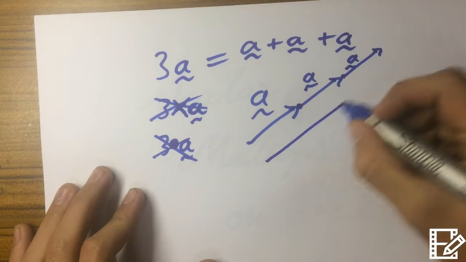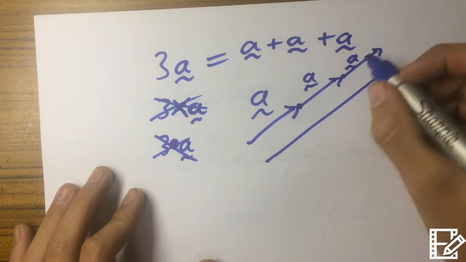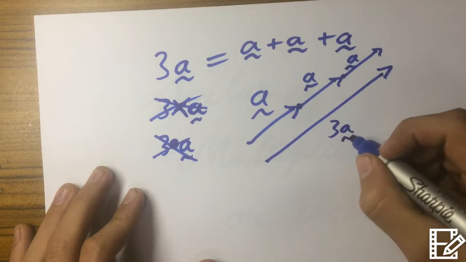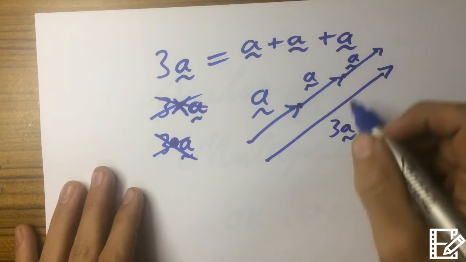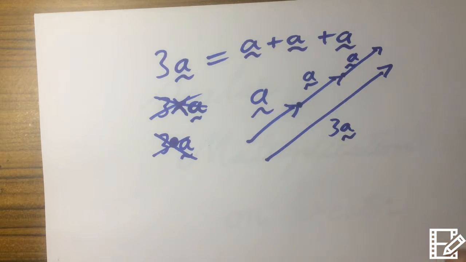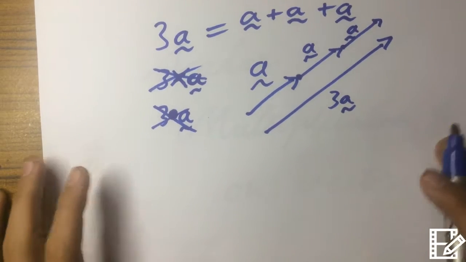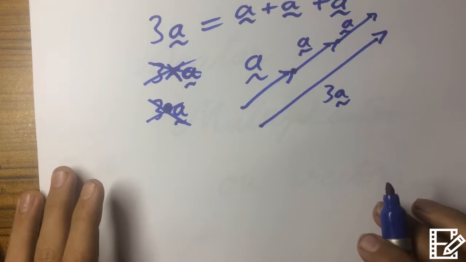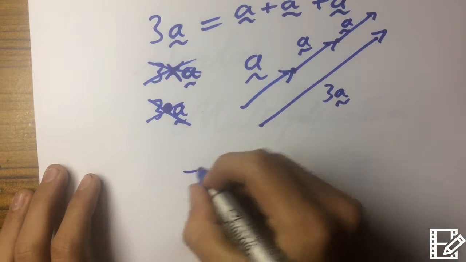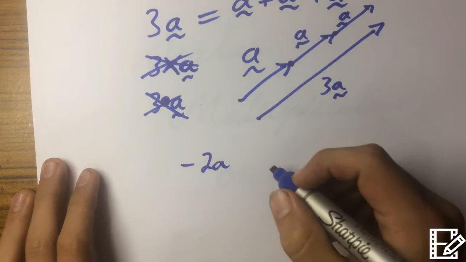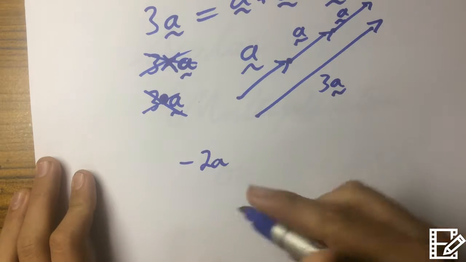And if we add all these up, there's 1, 2, 3 a's, and that's basically scalar multiplication.